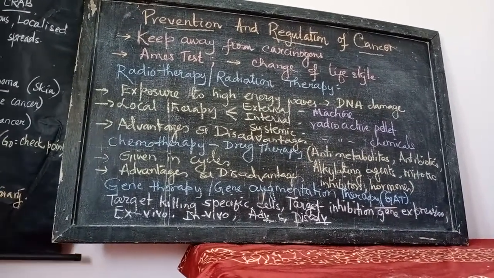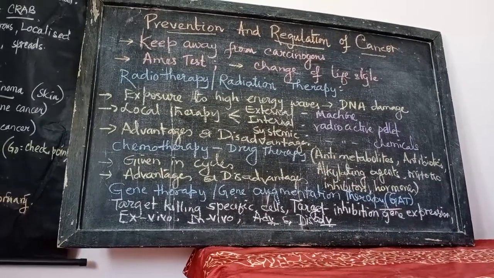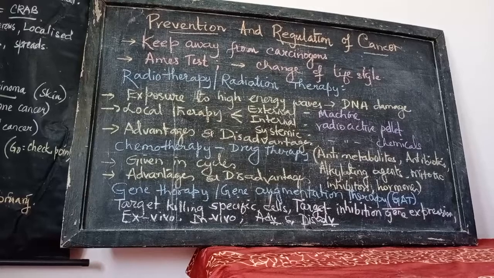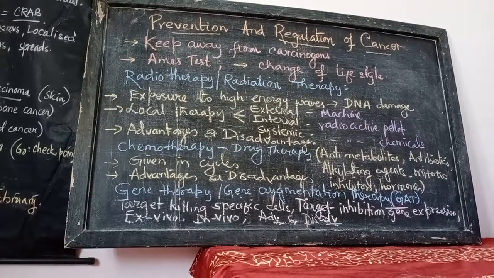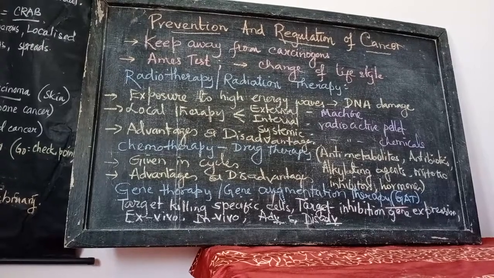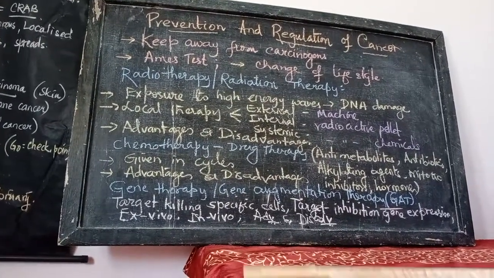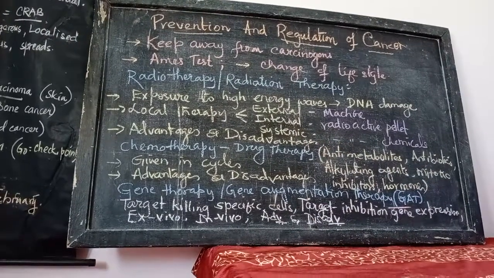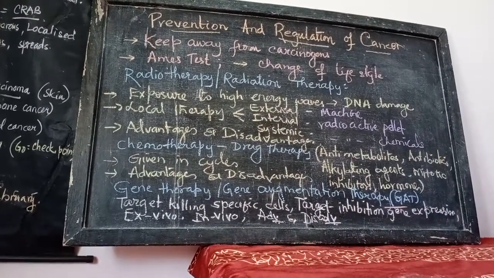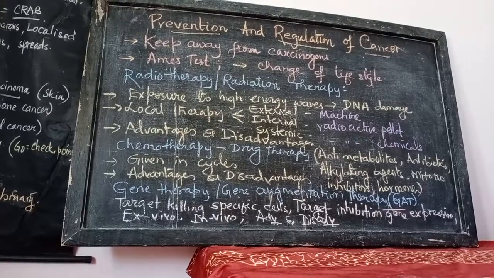The third point is the inconvenience of radiation therapy dosage, meaning 5 days a week, sometimes 6 days a week, sometimes alternate days of a week are used in radiation therapy. The last point is it induces medical disorders because it also affects non-target cells.